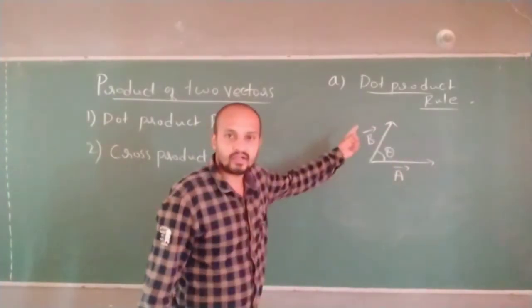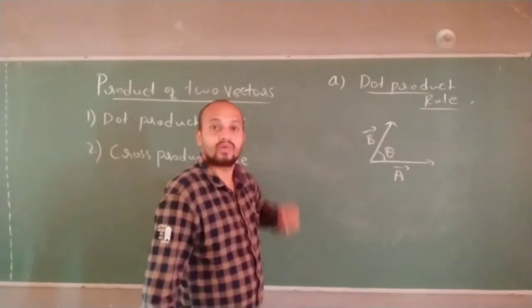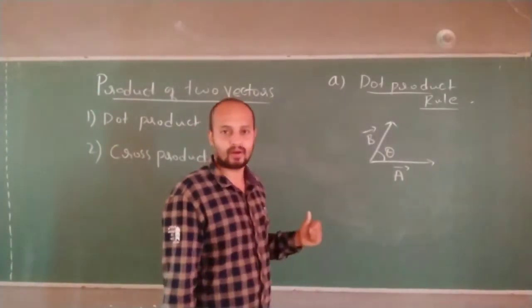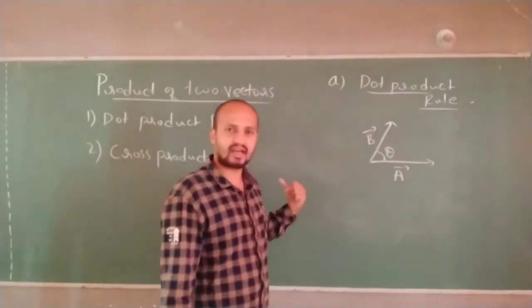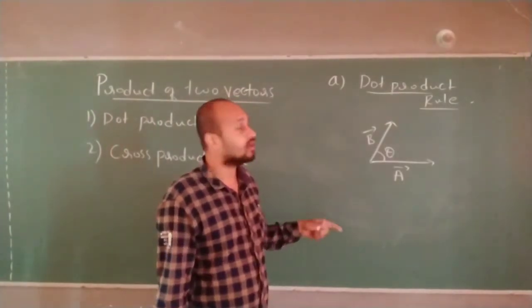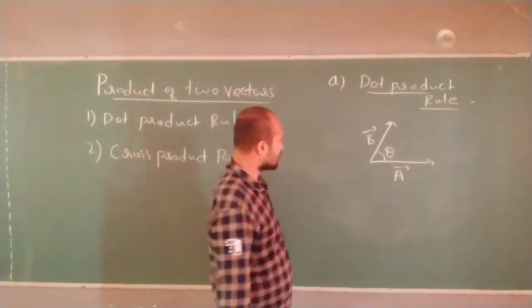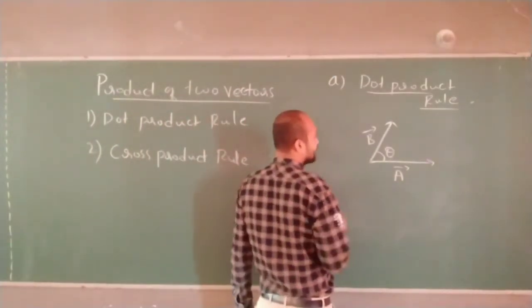If I want to make the product of these two vectors, the first rule is the dot product. You can learn the cross product first also, no problem, but first we are learning the dot product. What does this rule say?